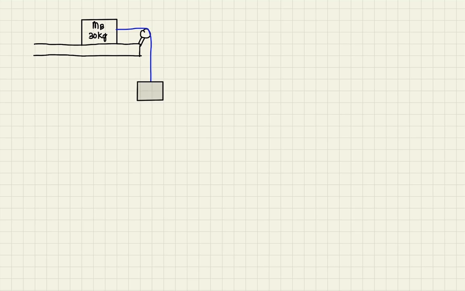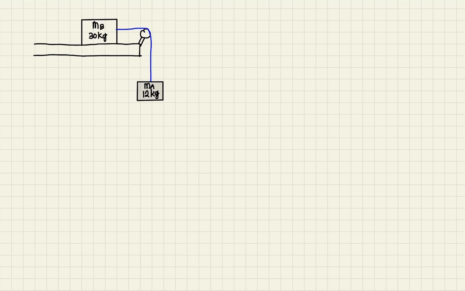That block has a mass of 12 kilograms. Because the table is frictionless, even if mass B is heavier, mass A will be able to cause the movement of block B.